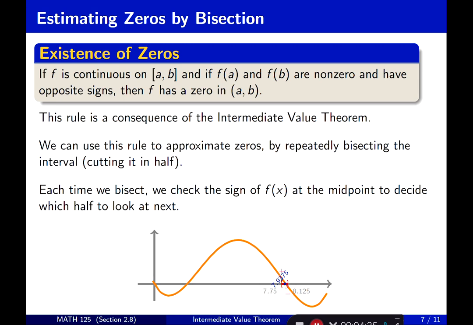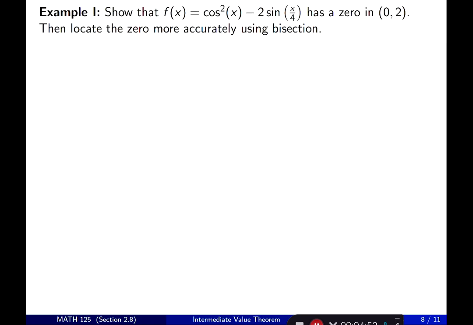I can find the 0 of the function within that error. So the interval has to be smaller than the error if we are finding the zero within a certain error.